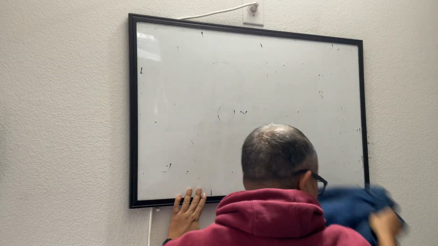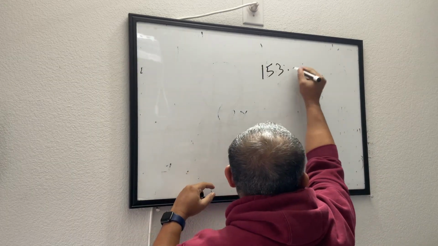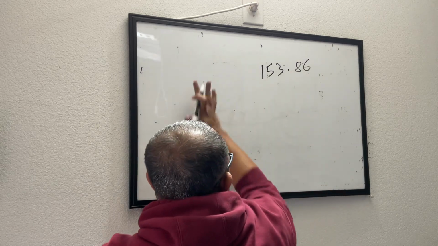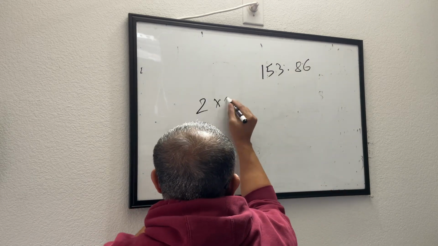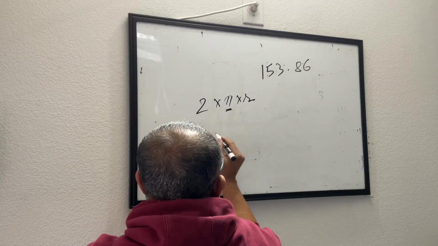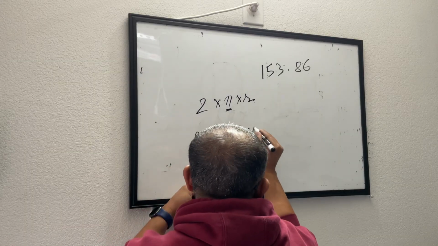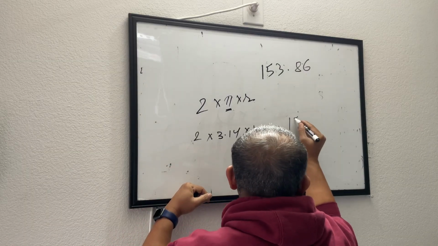153.86. That is the perimeter given. And the perimeter by formula we know is 2 times pi times r. And we have been told to use pi equals 3.14. So 2 times 3.14 into r is equal to the perimeter that is given to us.